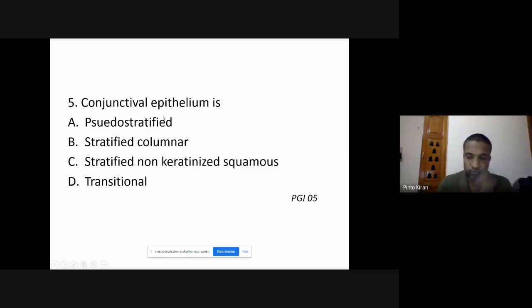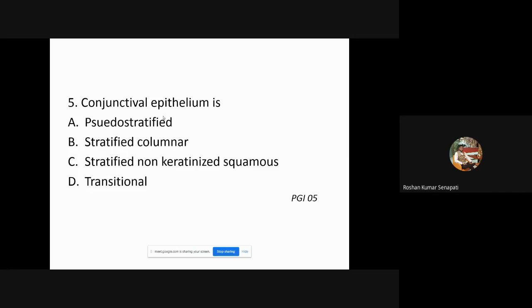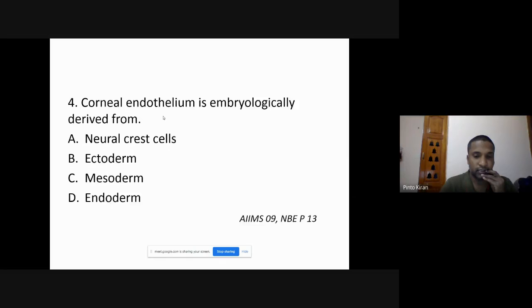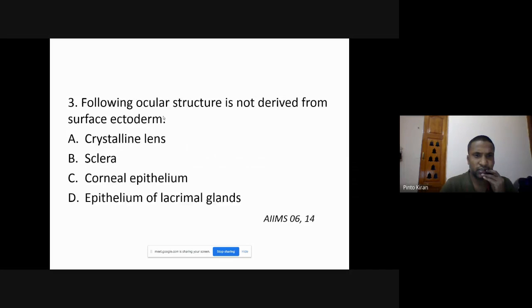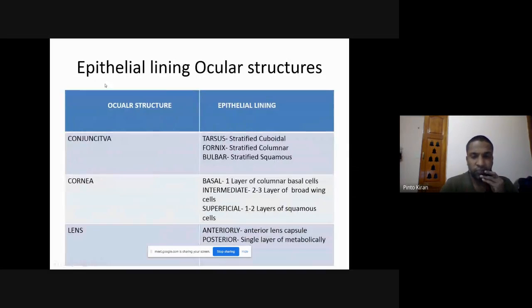Okay, anybody? Stratified non-keratinized squamous, sir. See, this is just a chart or a table.